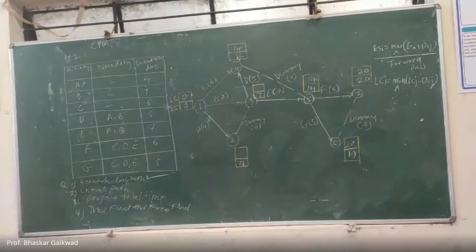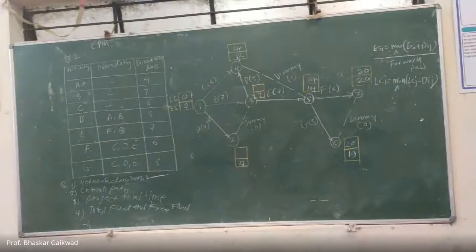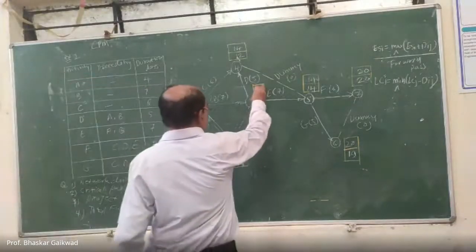How much at 3? 7. Correct. So you can write here 7.